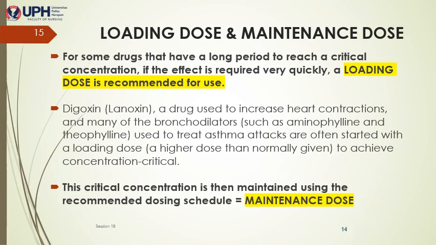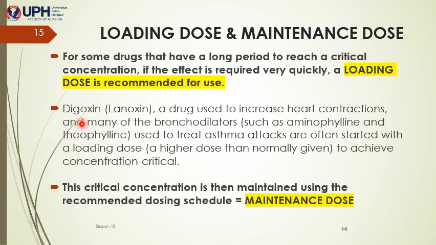Now let's talk about loading dose and maintenance dose. For some drugs that take a long period to reach a critical concentration, if the effect is required very quickly, then we need what we call a loading dose. So we recommend using the loading dose.